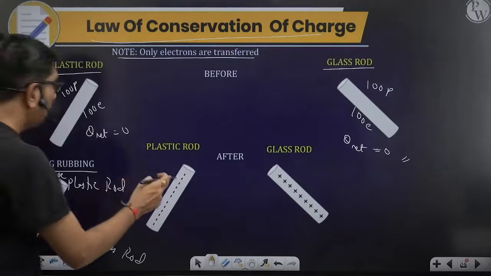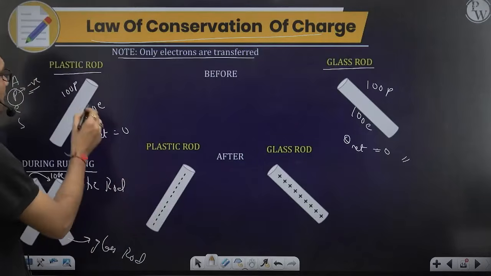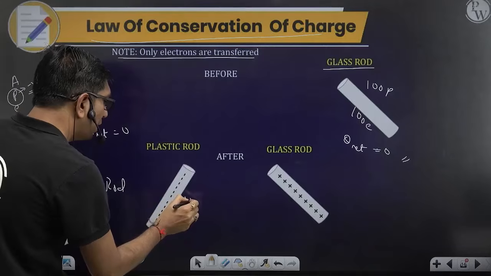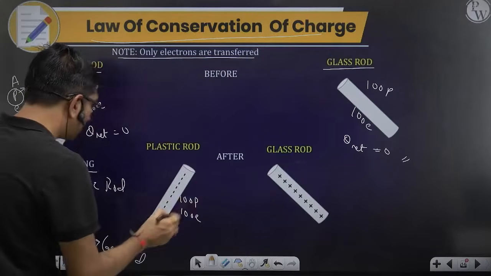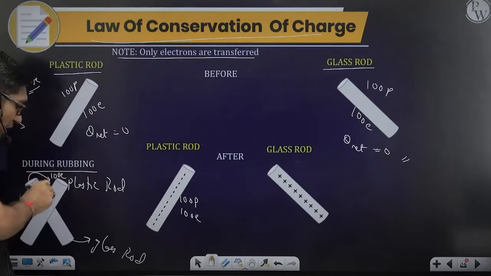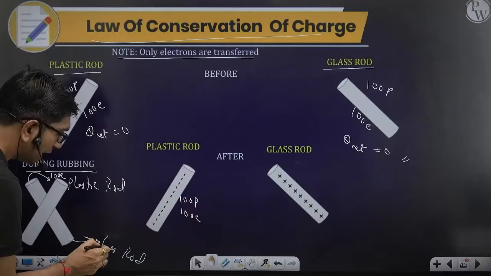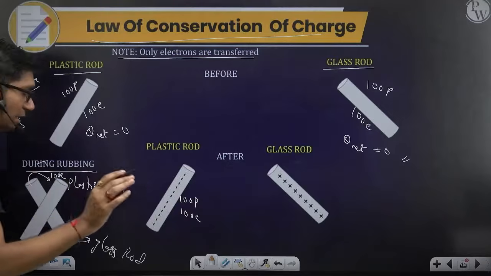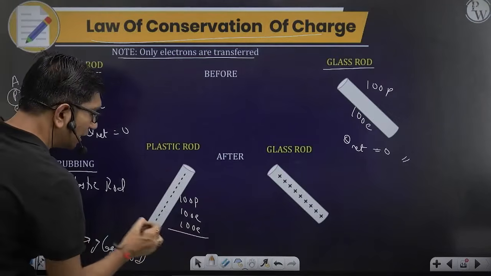So in the beginning, what is the charge present here? Sir, in the beginning we have 100 protons, 100 electrons. During rubbing, 100 electrons are transferring from the glass rod to the plastic rod, right? So 100 electrons are getting extra.